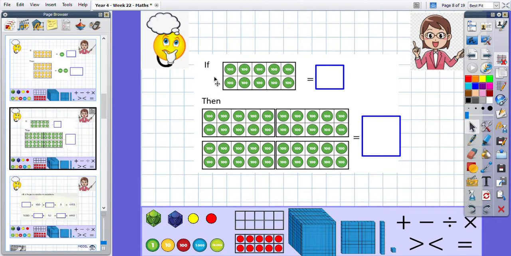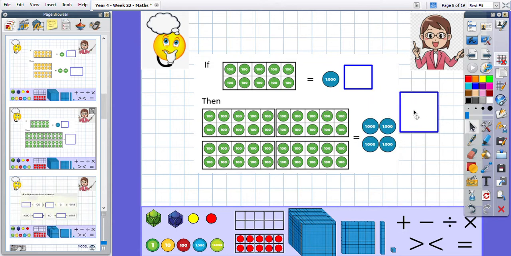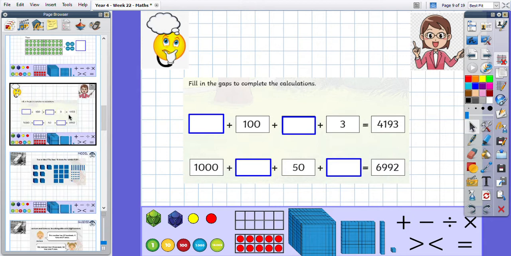Moving on then, if we've got 10 100s, which shows 1,000, then how many hundreds here represent what under my rectangle? Okay, so we've got 40 100s, which shows 4,000. They are equivalent.